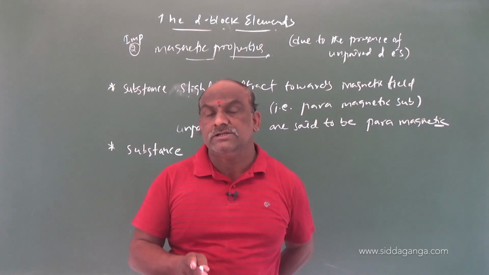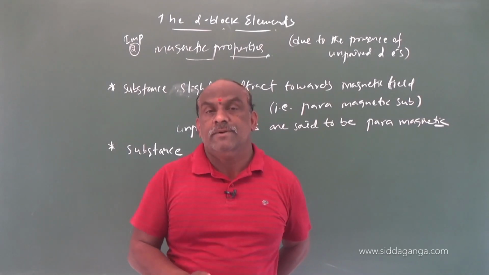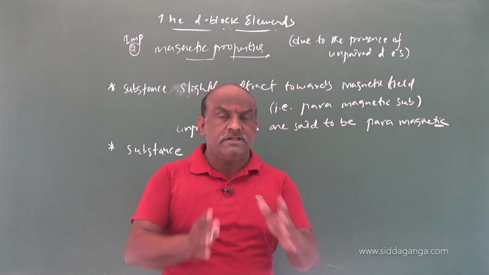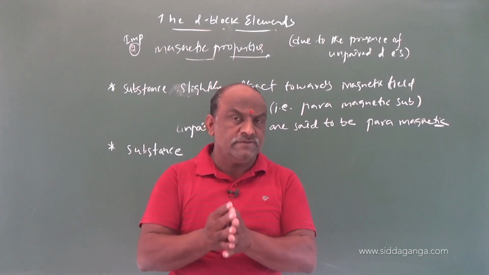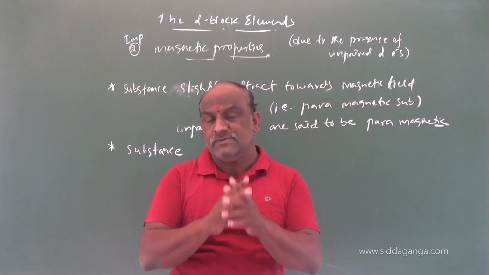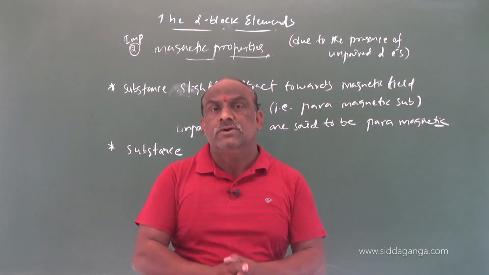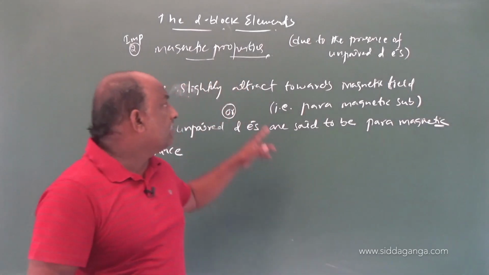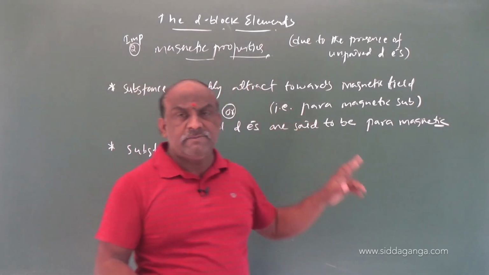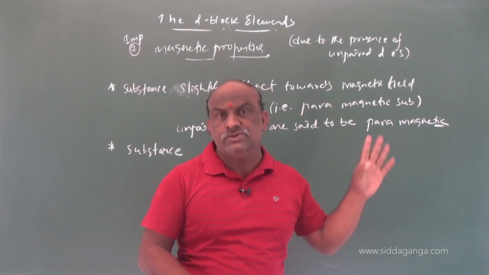Unpaired d electrons exhibit paramagnetic behavior. These two points are the basic fundamental points required to express magnetic properties.